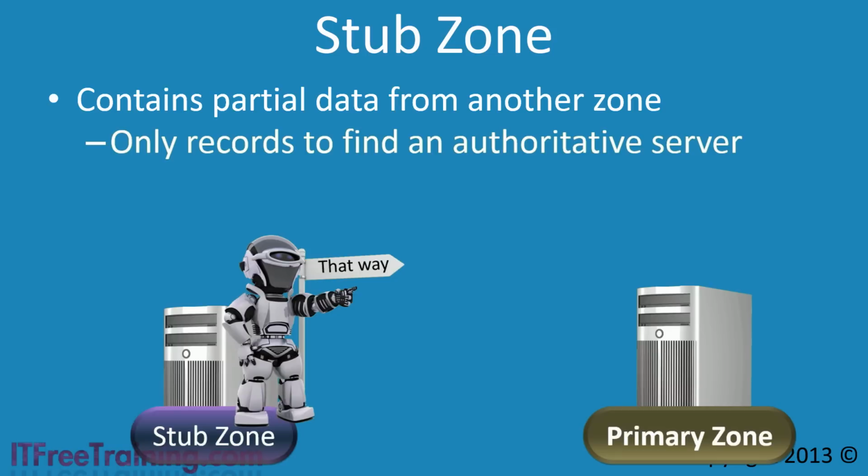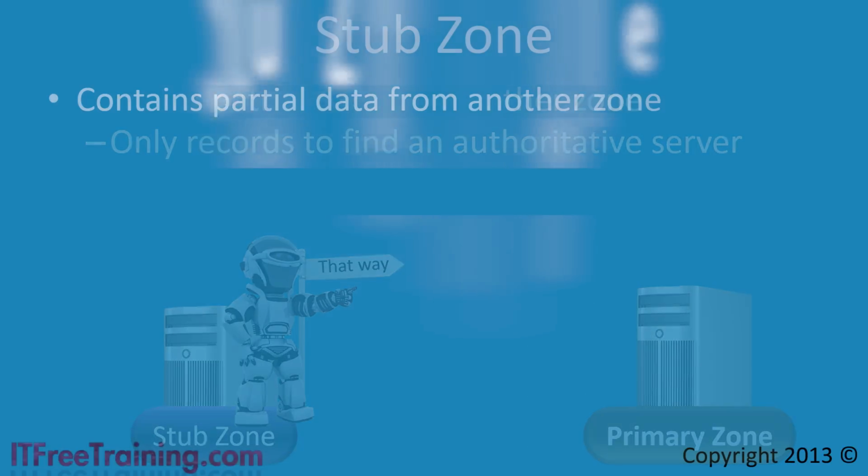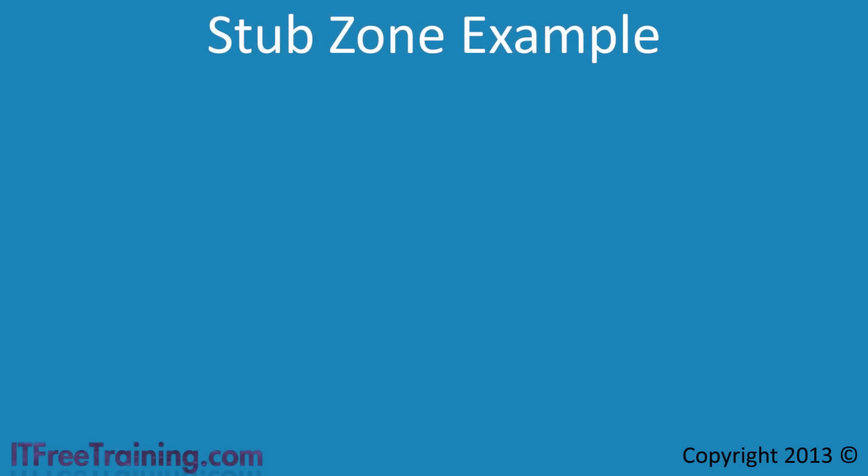If you watched our video on forwarding and conditional forwarding, you may be thinking that you can achieve the same result by using forwarding and conditional forwarding where required. There is a fundamental difference between a stub zone and forwarding. To understand why, let's consider the same example that was used in the forwarding and conditional forwarding video. In this case, there are two companies, ITFreeTraining and High Cost Training.